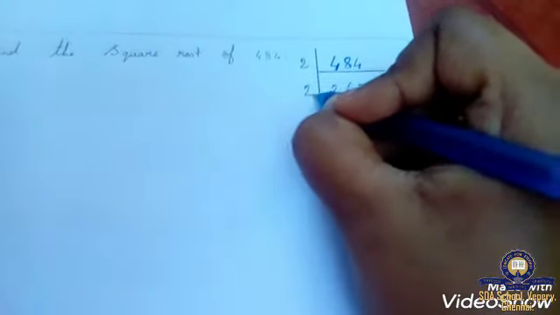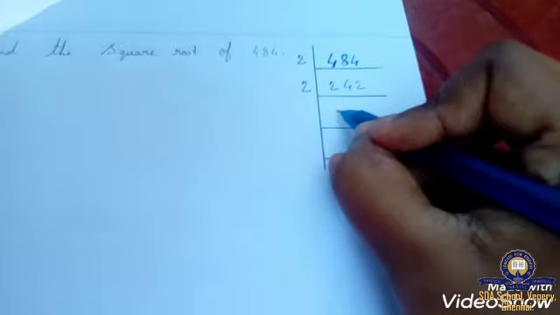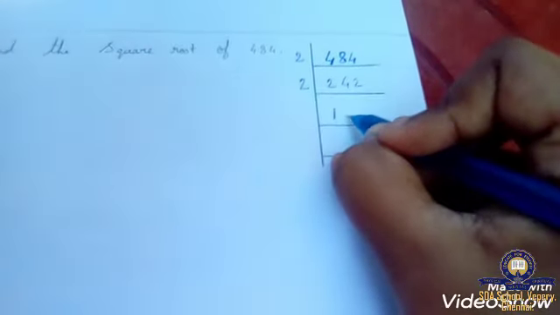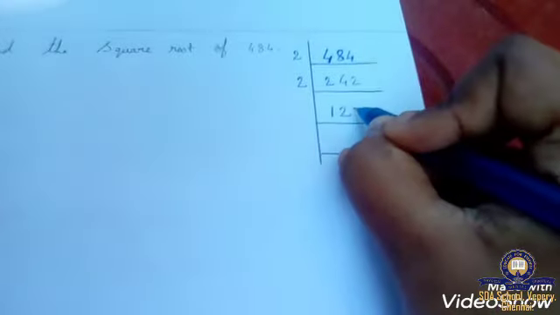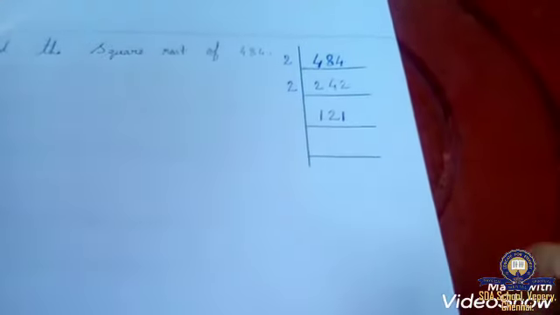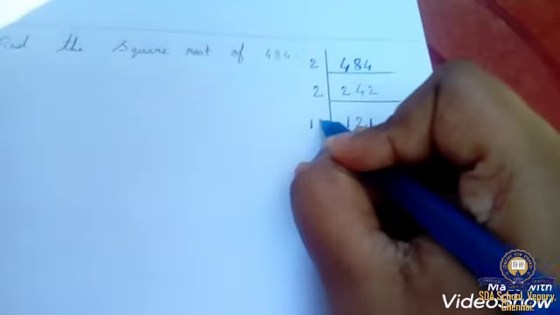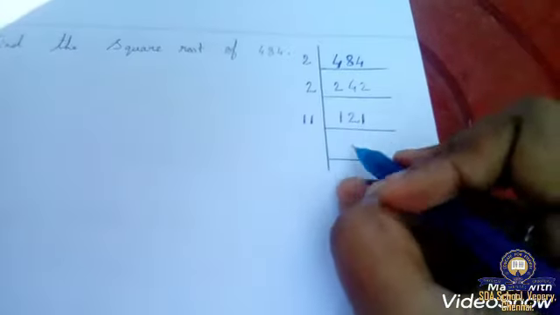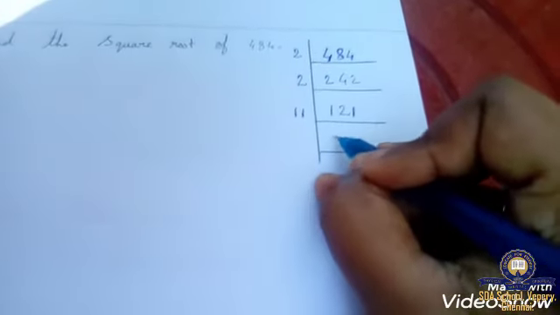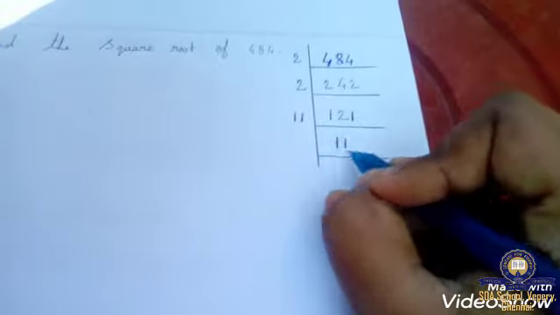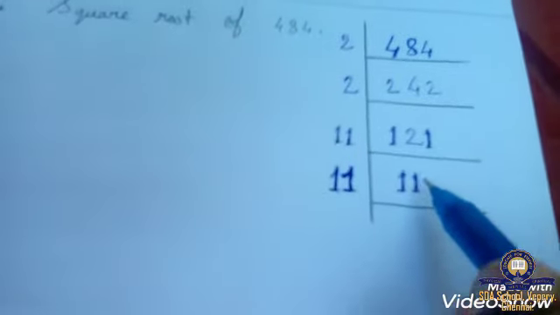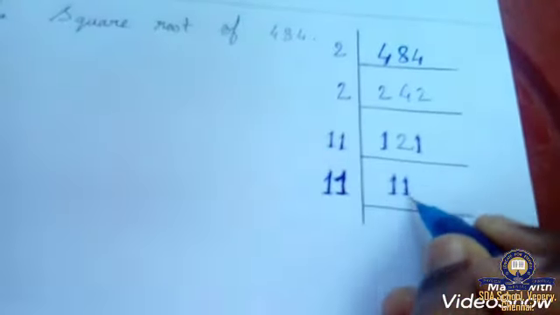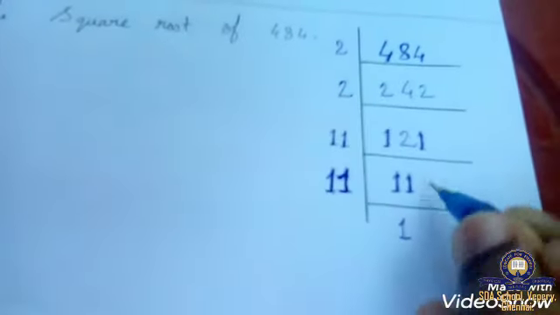Again it is divisible by 2, so let's consider 2. We get 2 1s are 2, 2 2s are 4, 2 1s are 2. Since we know that 121 is in the 11 table, we take 11. So we get 11 11s are 121, and 11 1s are 11.